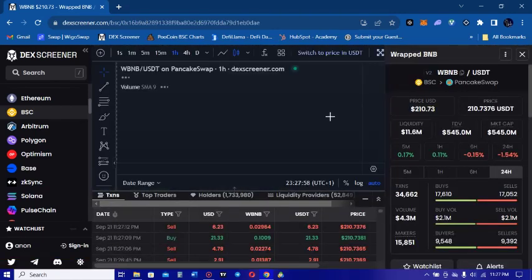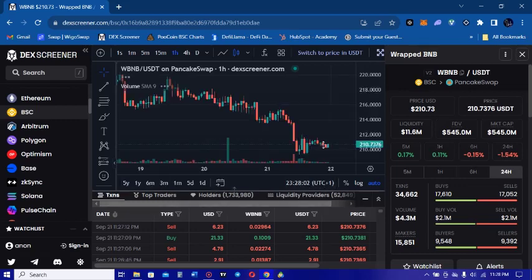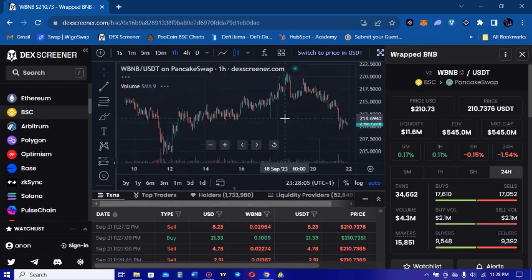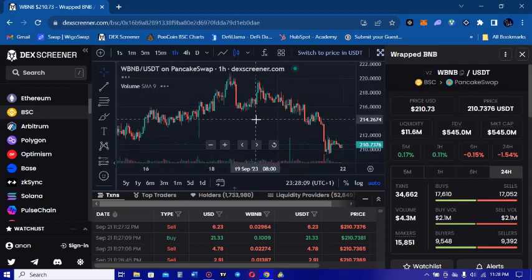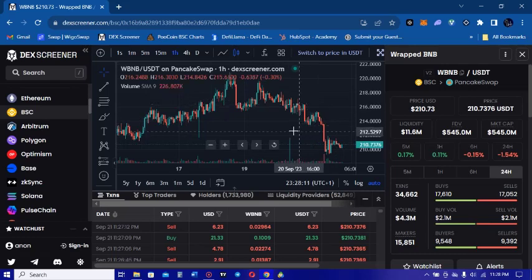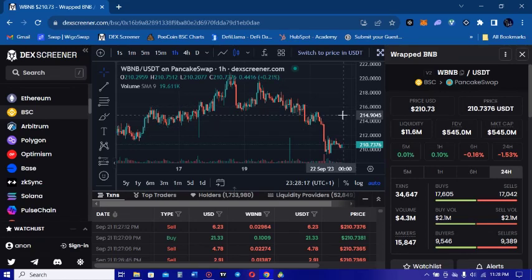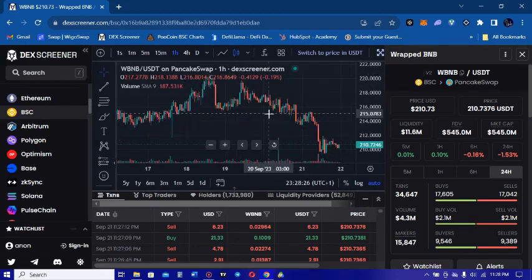Dexscreener has integrated a TradingView chart to help traders who are looking to understand the technical aspect of the market before they make a decision on whether to buy or to sell. So for all the technical analysts, there is a place for you to do your thing.